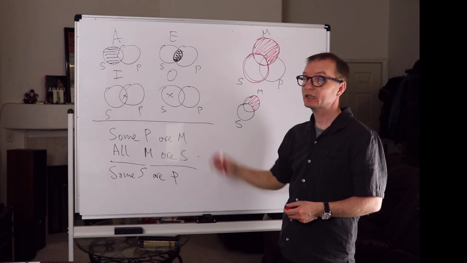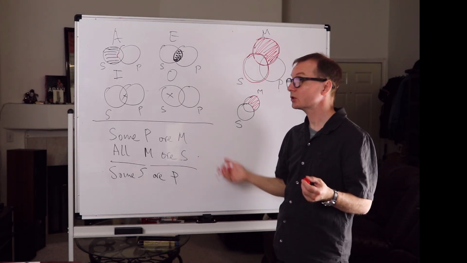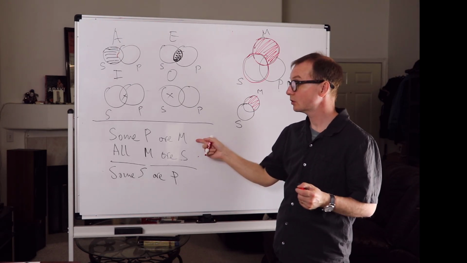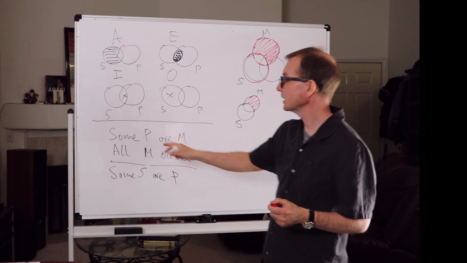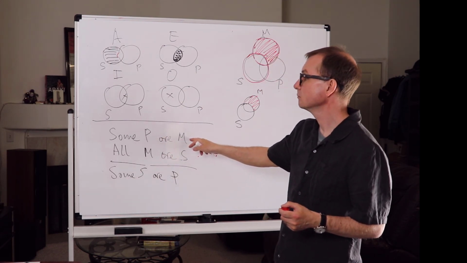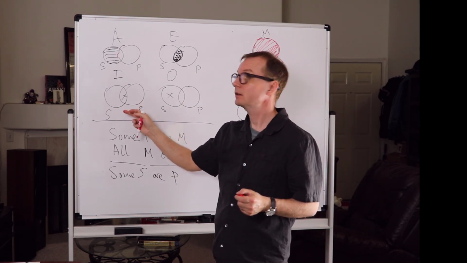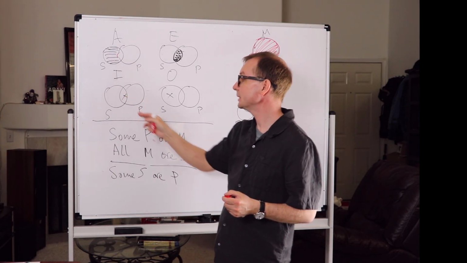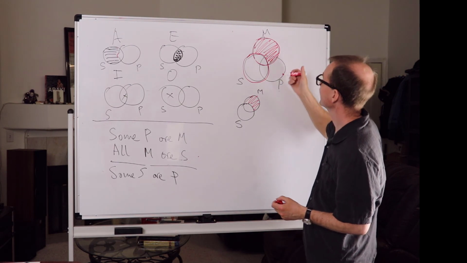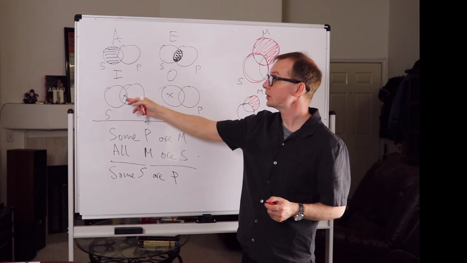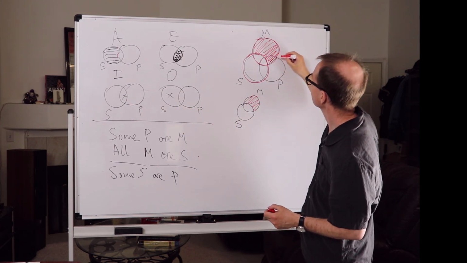Now you can do your other premise, which is first, but you're doing it second because it's not universal. You will see why in a second. So some P are M. This is I, right? So you need to put an X between P and M. This is your P, this is your M. What is the area where you put an X? This is the area.